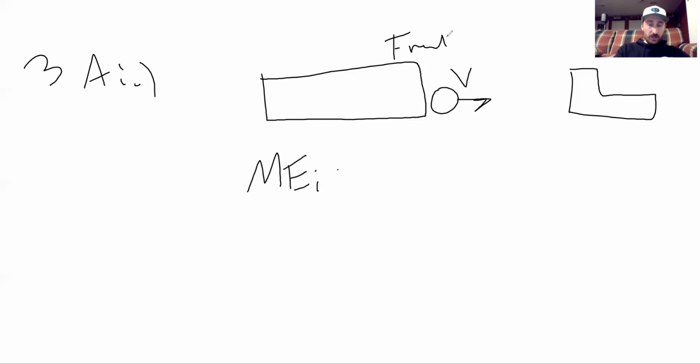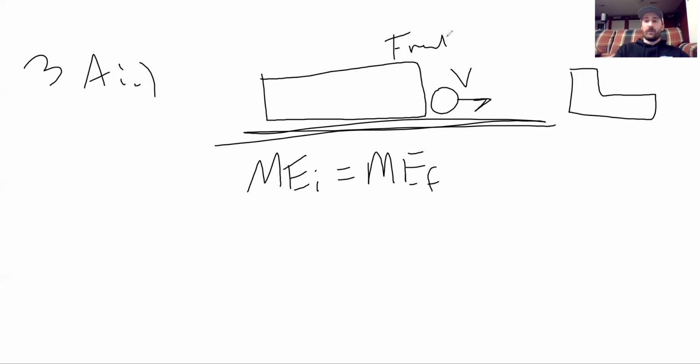Mechanical energy initial equals mechanical energy final. I'm going to set this height, whatever it is, where potential energy equals 0, so you don't have to worry about potential energy because it stays at the same height. Looking at figure 2 as our initial, it's compressed and not moving, so it doesn't have kinetic energy or gravitational potential energy.